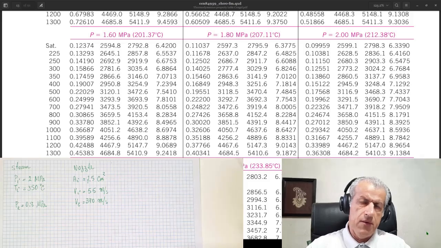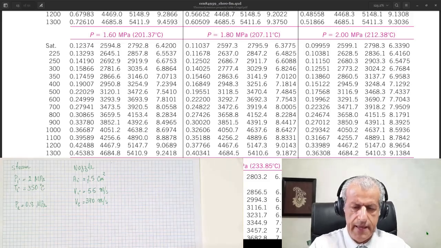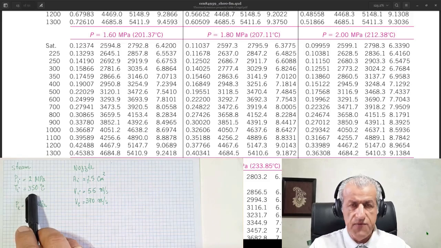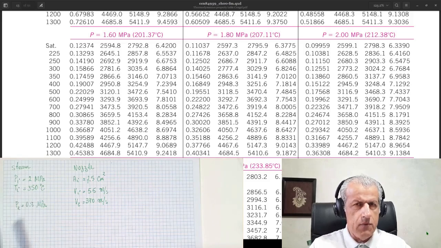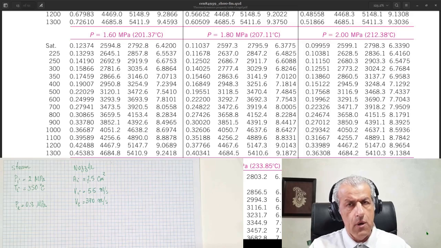Well, if the pressure is 2 megapascal and the temperature is 350 degrees C, I would dare to go directly to the superheat table for steam. Why?